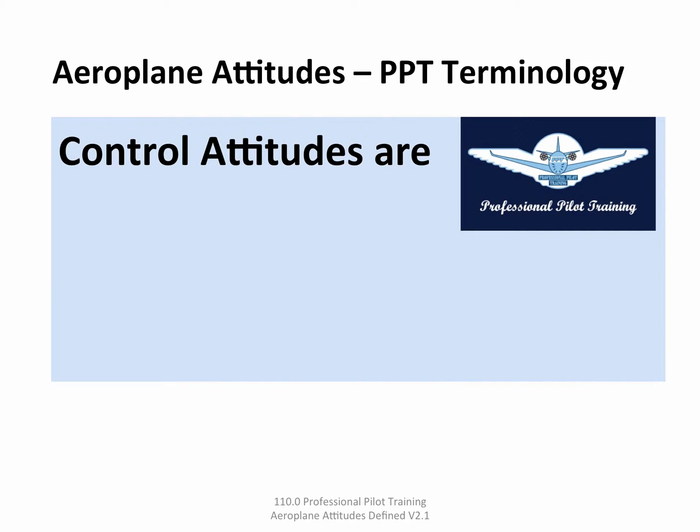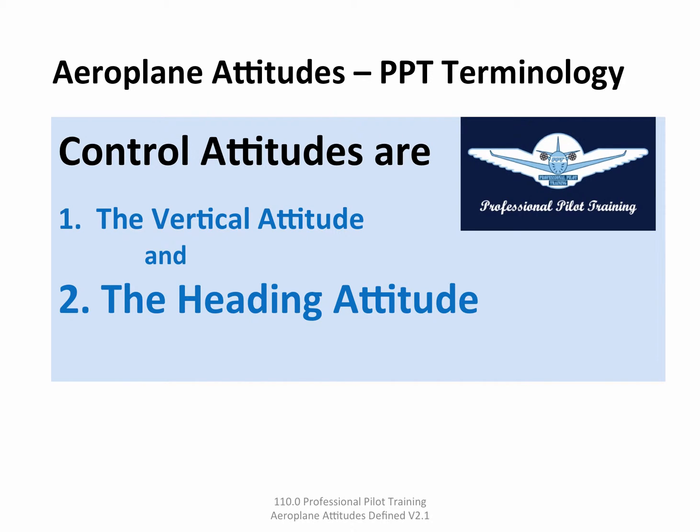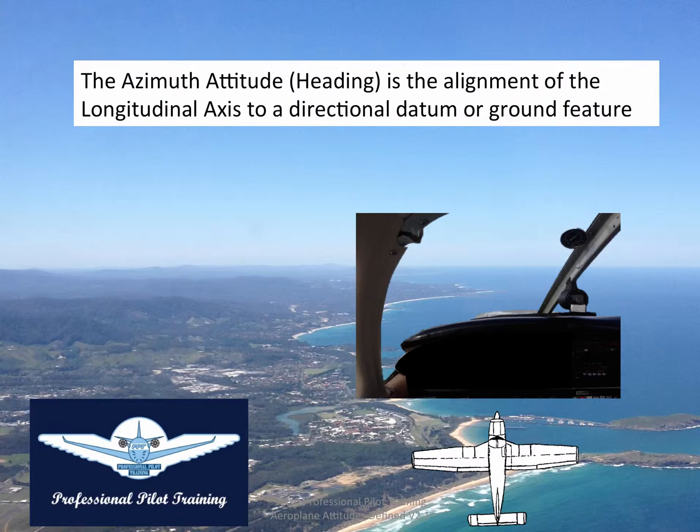Remember, there are two control attitudes, the vertical attitude and the heading attitude. The azimuth attitude, or commonly known as the heading, is defined as the alignment of the longitudinal axis to a directional datum or to a ground feature.